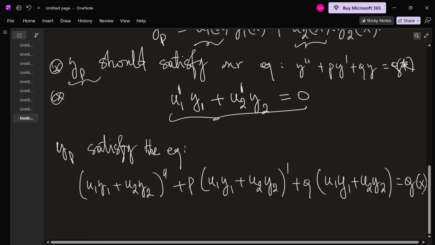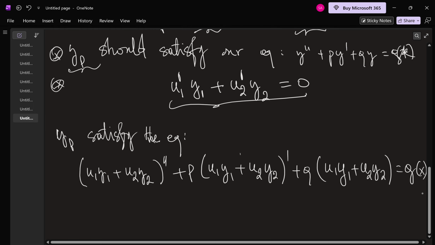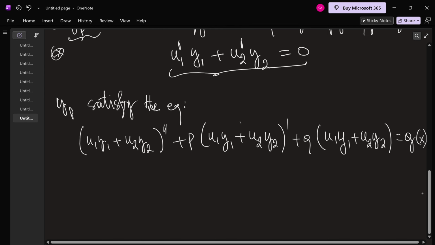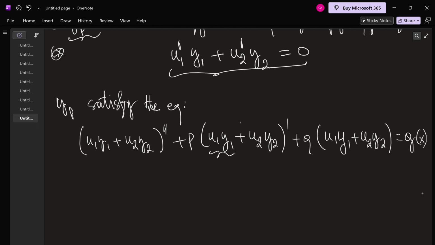Okay, now you will compute. Since we have the multiplication of two functions here, we use the derivative of a product that we know. We begin by computing this first term, call it 1, and then we move to the second one, call it 2.